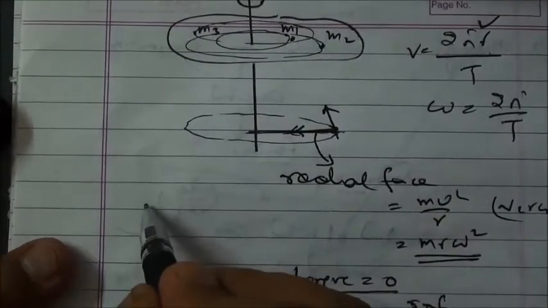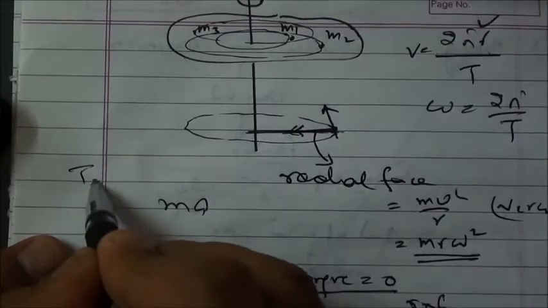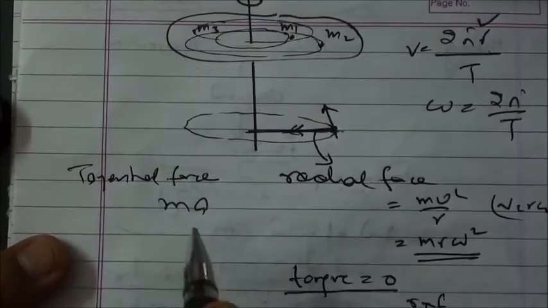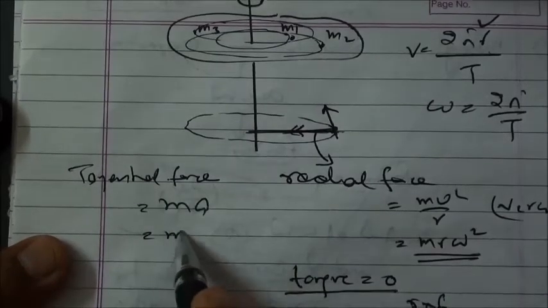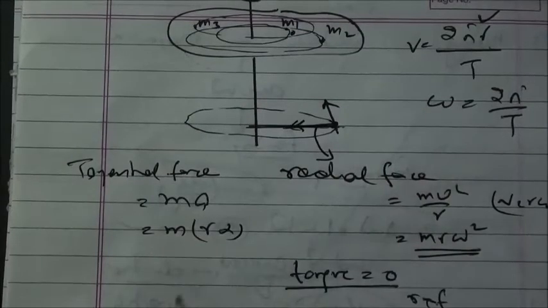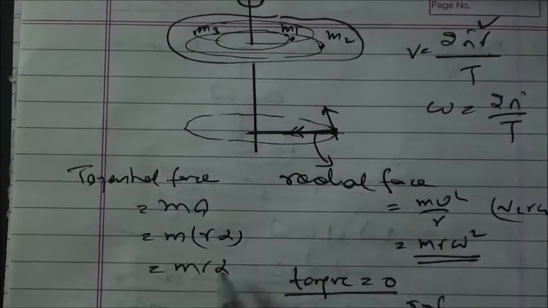How much is this force? Force is m a. This is the tangential force. m a is equal to m r alpha. This is because of the change in speed. So m r alpha.